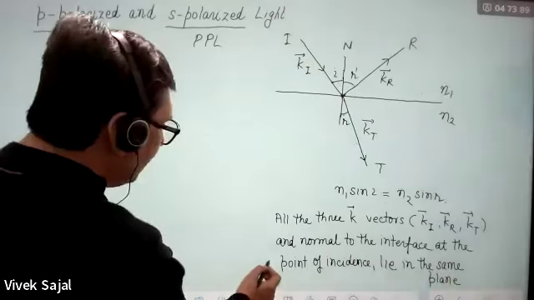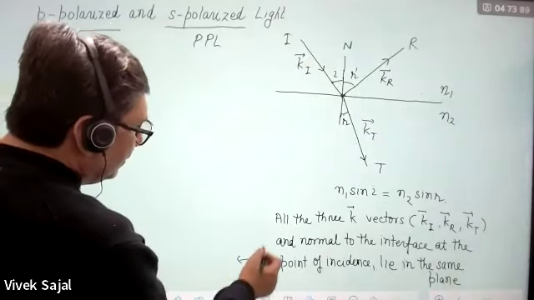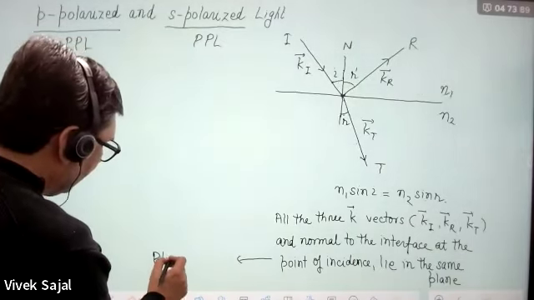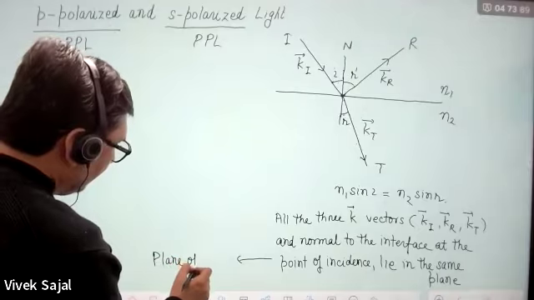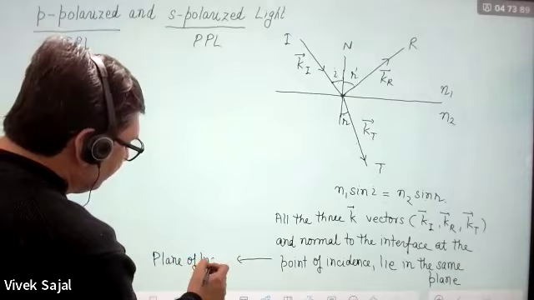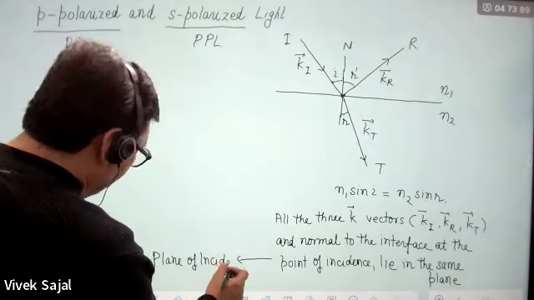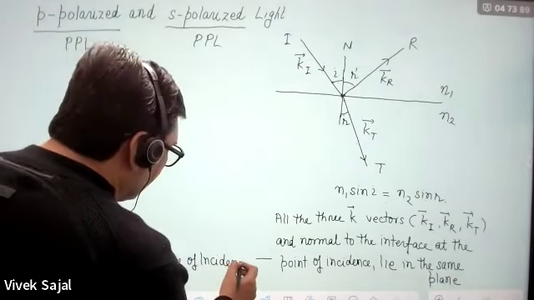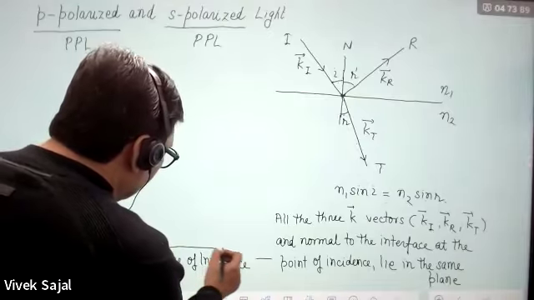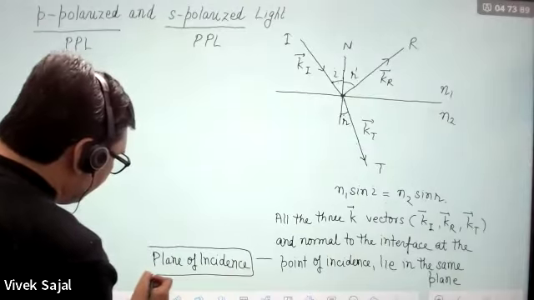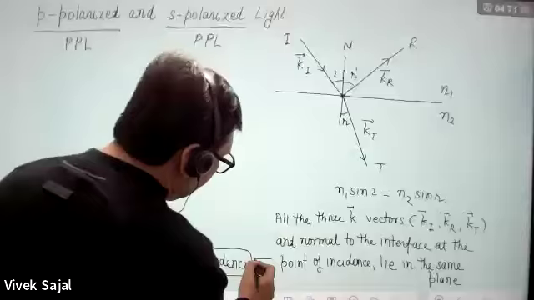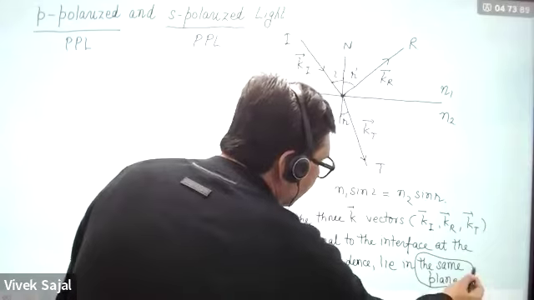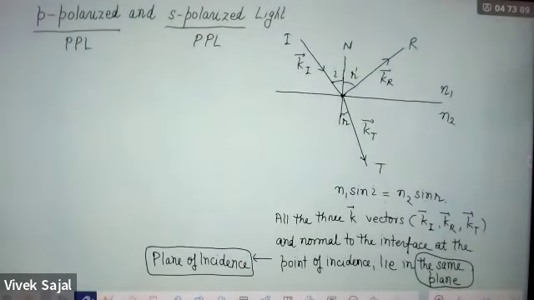And what is this plane called? You call this plane the plane of incidence. So this same plane that I'm saying is called the plane of incidence.